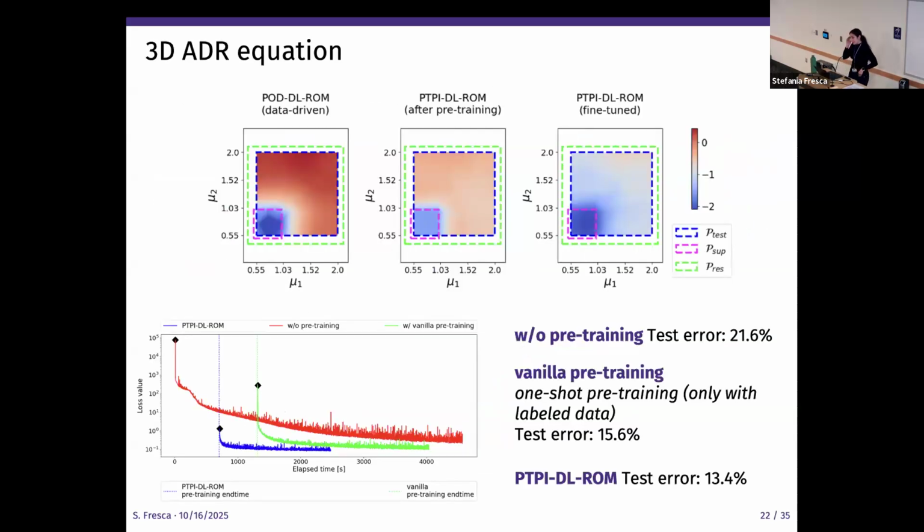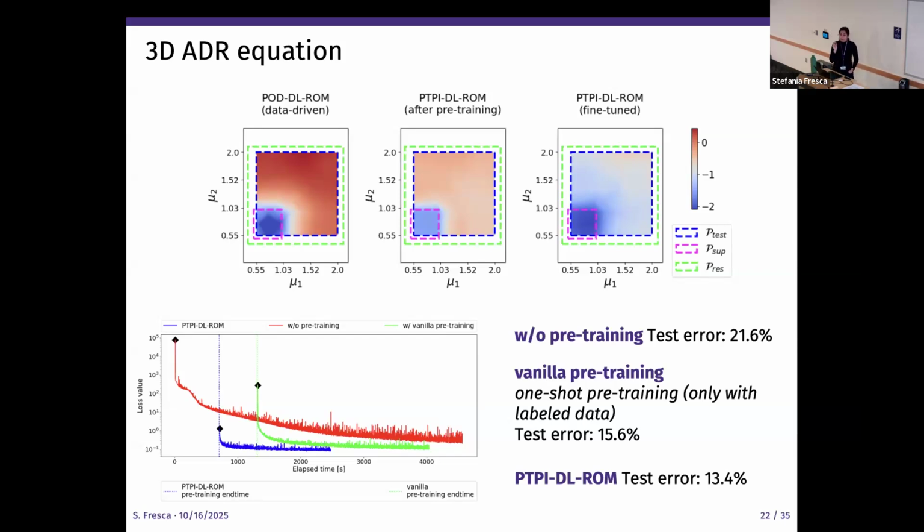Then, the 3D advection-diffusion-reaction equation with a sinusoidal forcing term. We reported the distribution of the testing error over the parameter domain. And PTPI DL-ROM is the approach providing the best accuracy, especially after fine-tuning. Then we wanted to assess the effectiveness of our proposed training strategy.